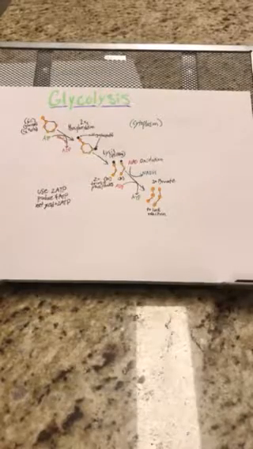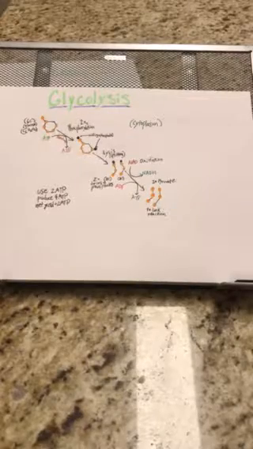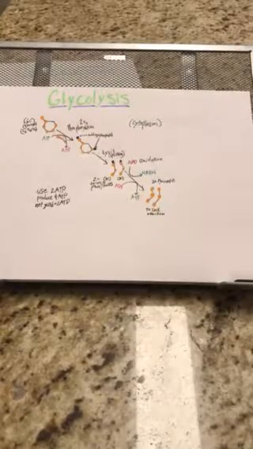Glycolysis, the first stage of cell respiration, occurs in the cell's cytoplasm. During glycolysis, a 6-carbon sugar, a hexosugar, glucose, is phosphorylated. During phosphorylation, phosphate molecules are added to another molecule.